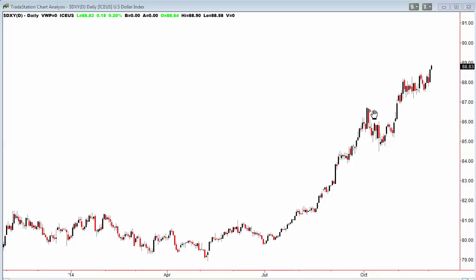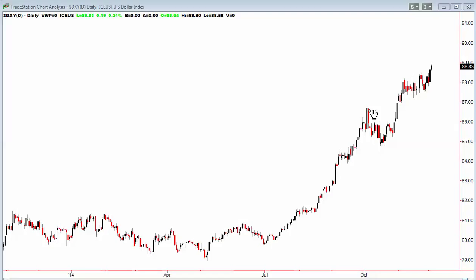The index is similar to other indexes such as the FTSE, the S&P, etc. But the only thing the US dollar index does is measure the value of the US dollar against the other major currencies such as GBP, the Japanese yen, the Swedish krona, the Swiss franc, and the Canadian dollar.